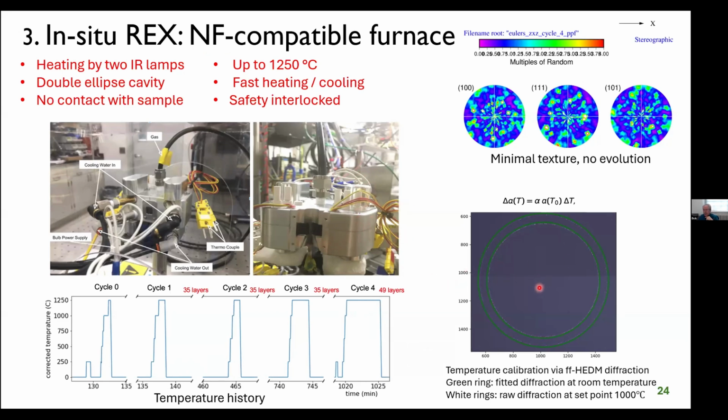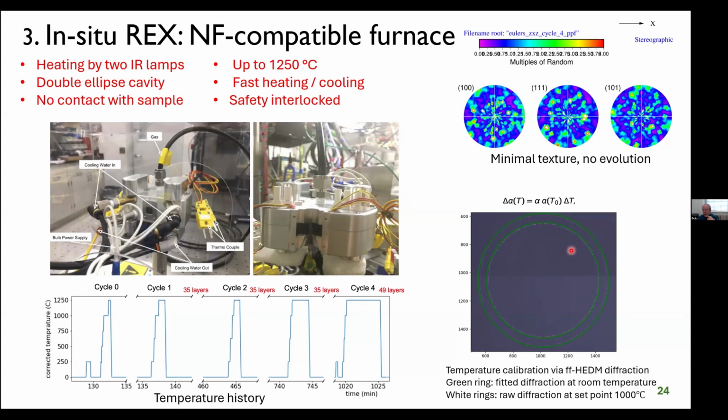And this is actually a far field image, and this is our thermometer. It's always hard to measure these things at samples at high temperature. But if you look quite closely, the green rings are where these Debye-Scherrer rings should be at room temperature.